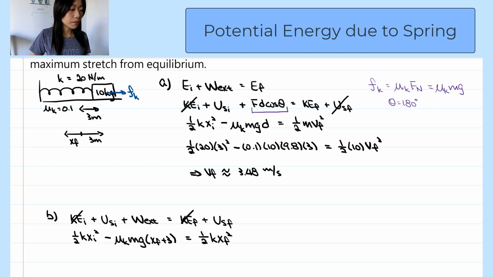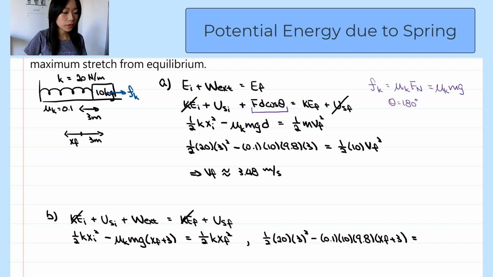We substitute some numbers. Half times the spring constant 20 times 3 squared, minus 0.1 times 10 times 9.8 times the quantity final distance plus 3.